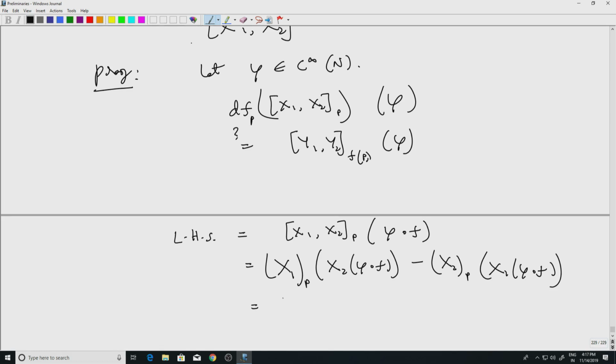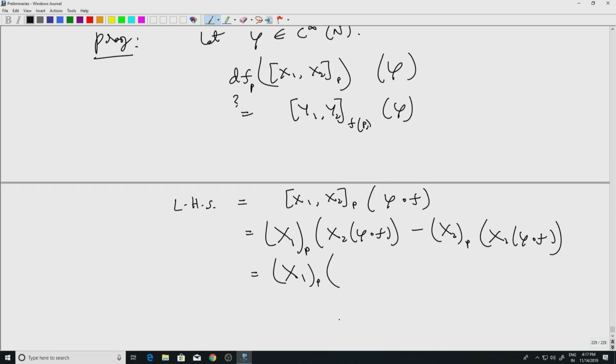Now it's just a matter of unraveling the various hypotheses. For instance, x2 is f related to y2. This just means that df of x2 at the appropriate point is equal to y2 at the appropriate point.